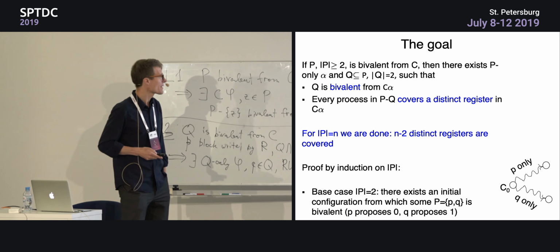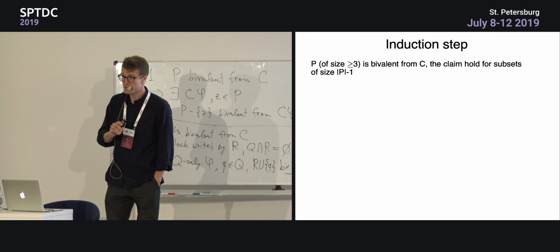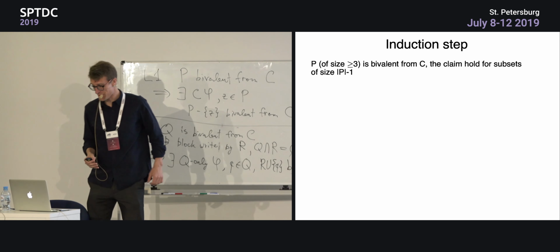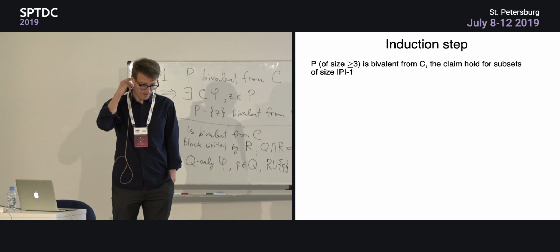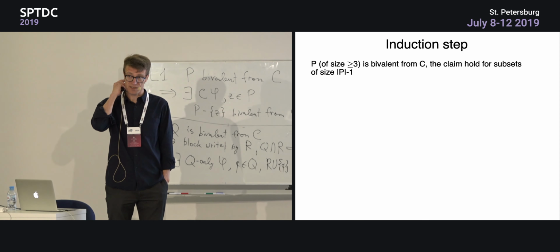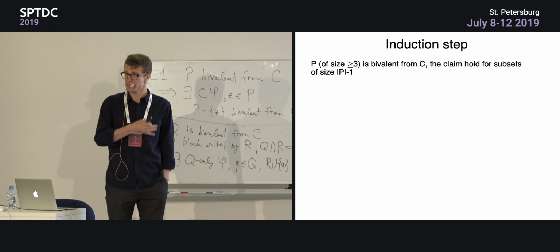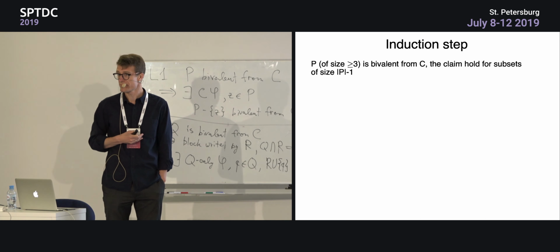Right. So, induction step. This is why I put these things on the whiteboard, because I'm going to use them extensively. Let's imagine that we have a set of 3 or more processes, which is bivalent from C. I want to prove it by induction. I assume already that for all smaller sets of size cardinality P minus 1 or less, the claim holds.